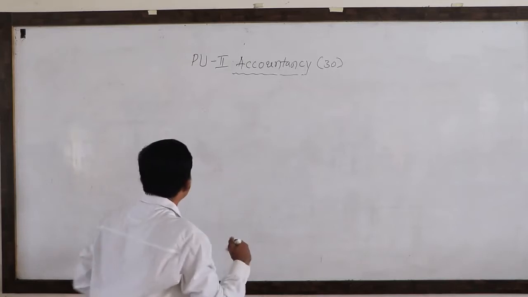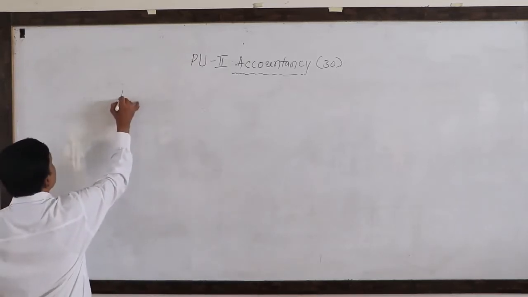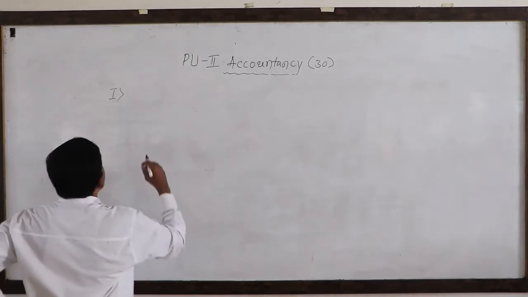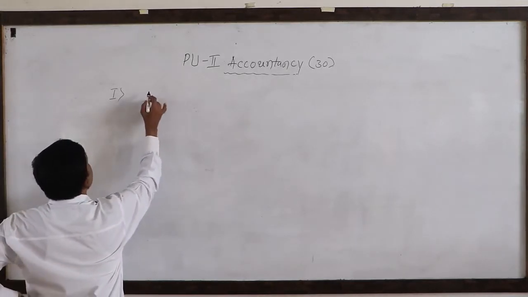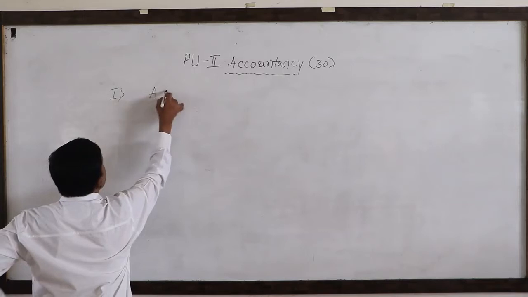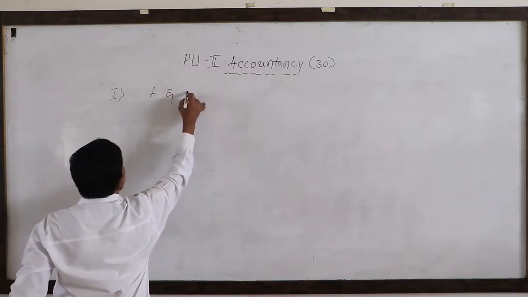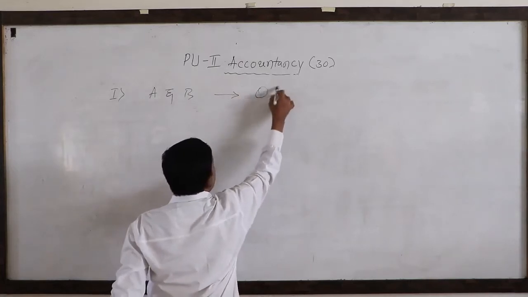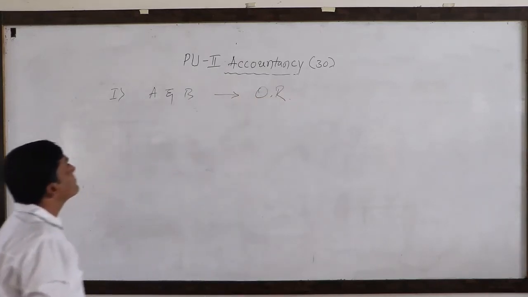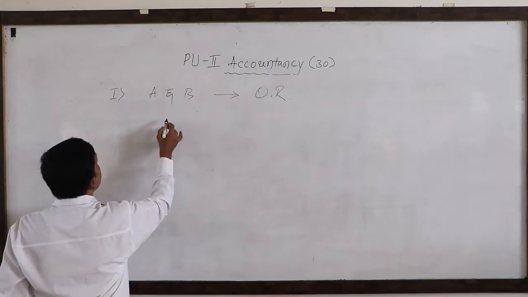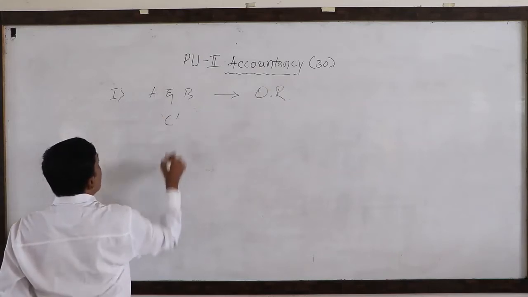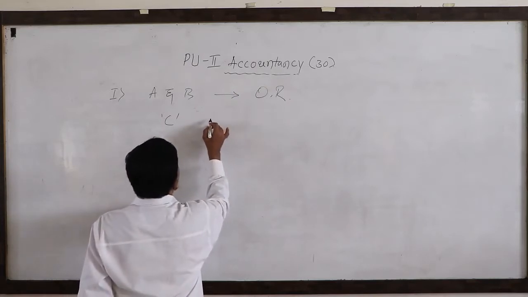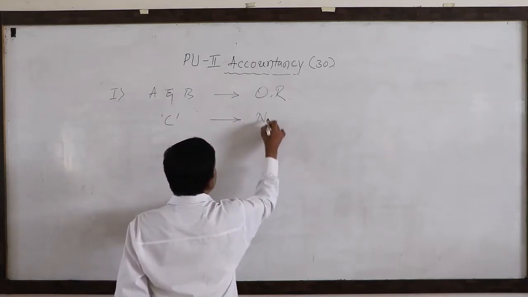Okay, dear students, in the first circumstance, the examples will give the old partners' names A and B and their old ratio. After this, they will mention the new partner's name and his new ratio.